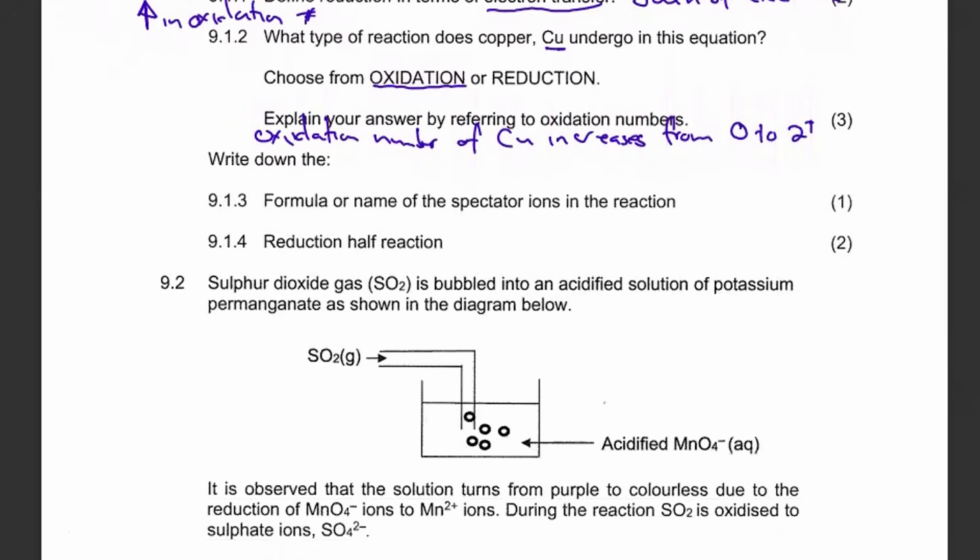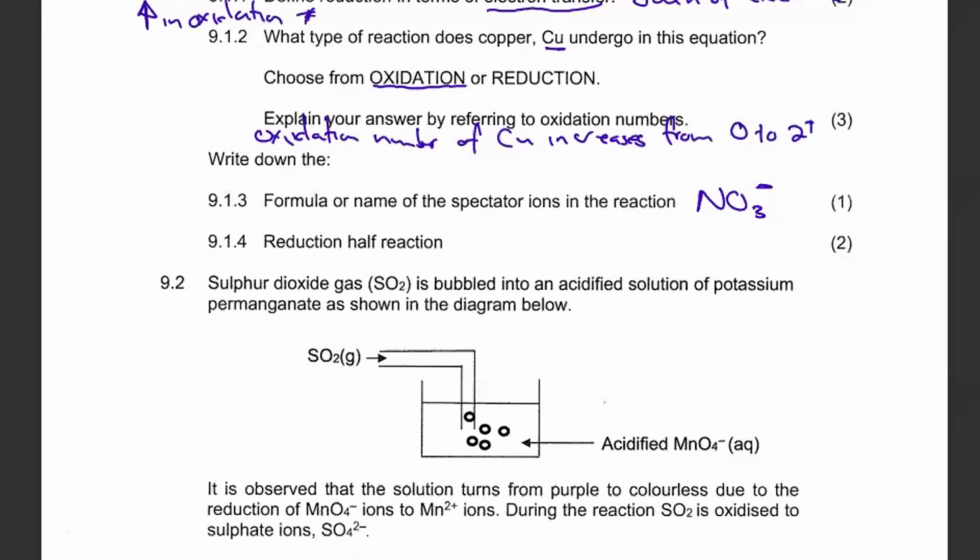They have no effect on anything. So the answer is NO3 negative. Those are the spectator ions that do not take part in the reaction.